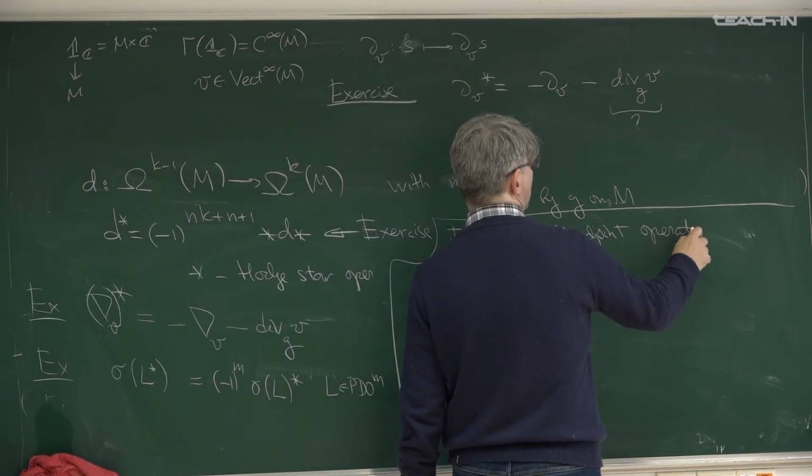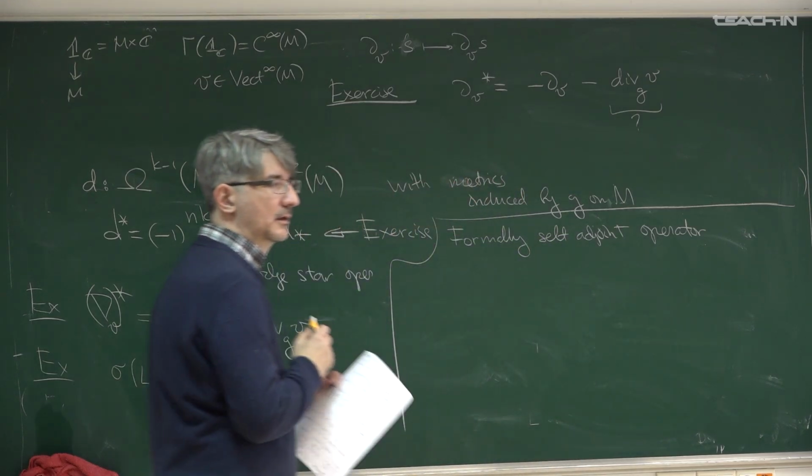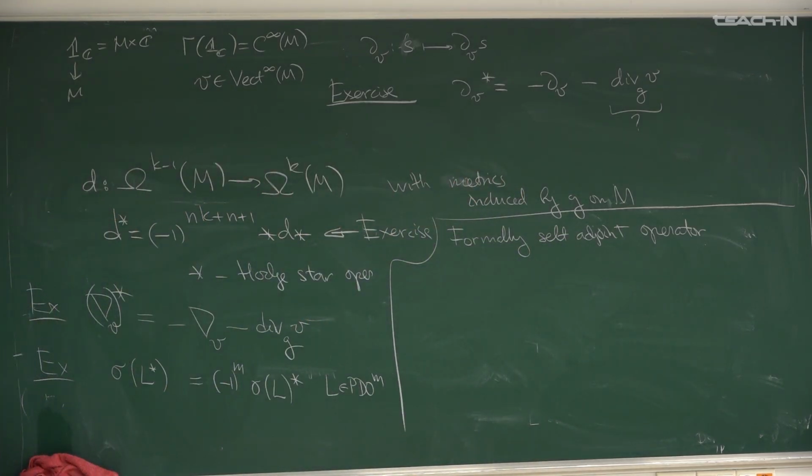But in definition of sigma L star, we need to take dual of E1 and E2, and they are taken with respect to the Hermitian form. You said that sigma L star is defined as adjoint as for linear operator, right? And we have symmetric power m of tangent bundle.